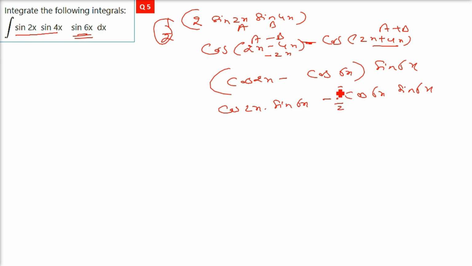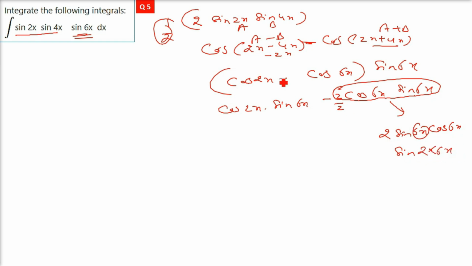So when you multiply and divide by 2, you can write it the normal way, 2 sine 6x cos 6x. This will be sine 2 into 6x, that is going to be sine 12x. 2 sine theta cos theta is sine 2 theta, so it's going to be sine 12x. Alright, sine 12x is like this.